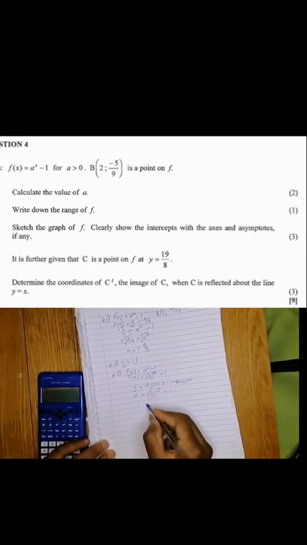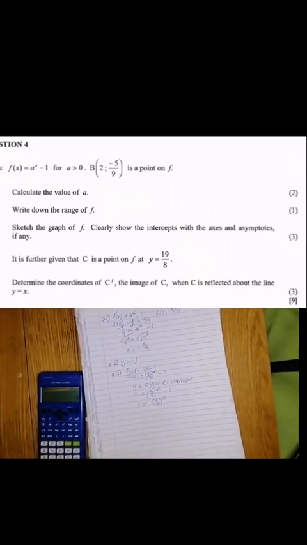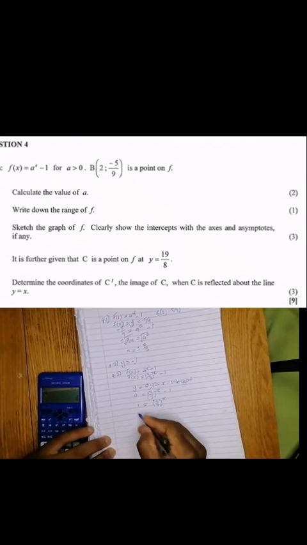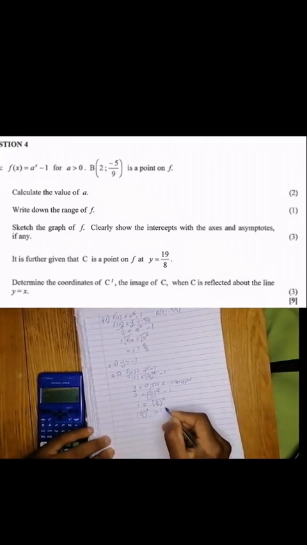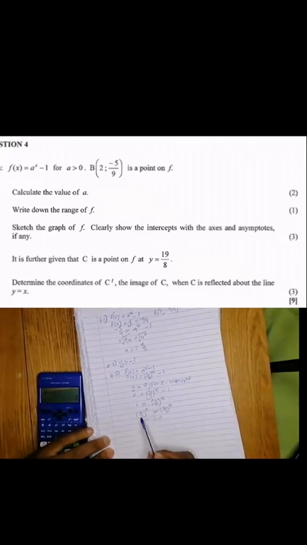Now we transpose 1 to the left hand side. 1 equals 2 over 3 to the power x. So now anything to the power 0 is equal to 1, right? We're going to say 2 over 3 to the power 0 equals 2 over 3 to the power x, meaning x is equal to 0. Since the bases are the same, we drop the bases and equate the exponents.